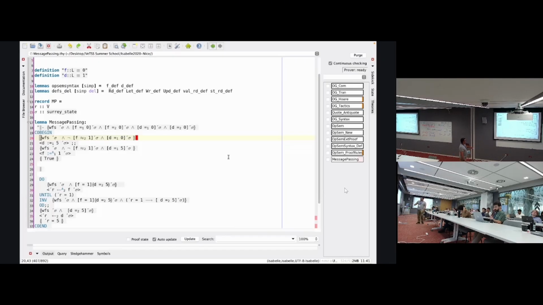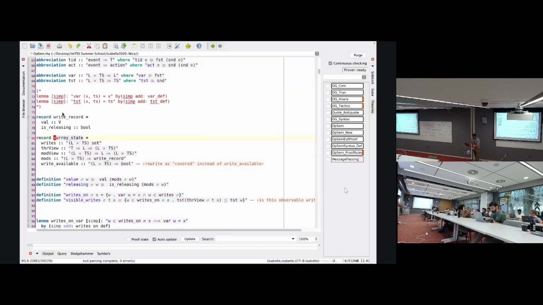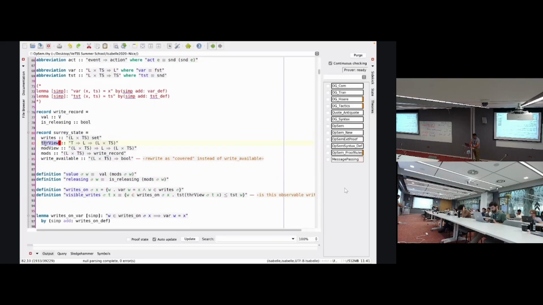If I poke inside the Surrey state, I'll see that it's a record that's got the thread view. It's got some other stuff in there as well, but the important bits are the thread view and the mod view functions. Thread view takes a thread and gives back a view, which is this thing here. The mod view takes a location with a timestamp and gives back a view, which is this thing here.